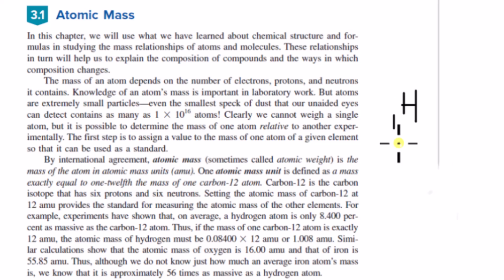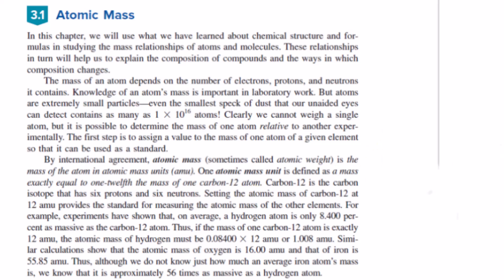Okay, and so that's what they're saying here in regards to the first step, which is to assign a value to the mass of one atom of a given element so that it can be used as a standard. It says, by international agreement, atomic mass, sometimes called atomic weight, is the mass of the atom in atomic mass units. One atomic mass unit is defined as a mass exactly equal to 1/12 the mass of one carbon-12 atom.